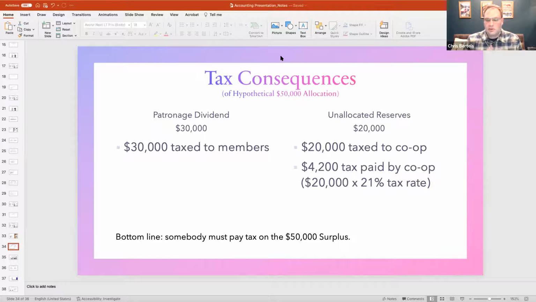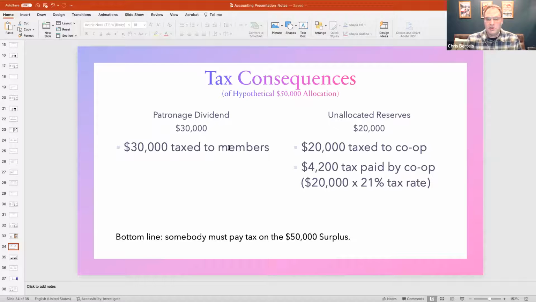Okay, so what we talked about before is really financial statement purposes, and then there's tax consequences in how you allocate that $50,000. The amount that's paid out as a dividend is taxed to the members.